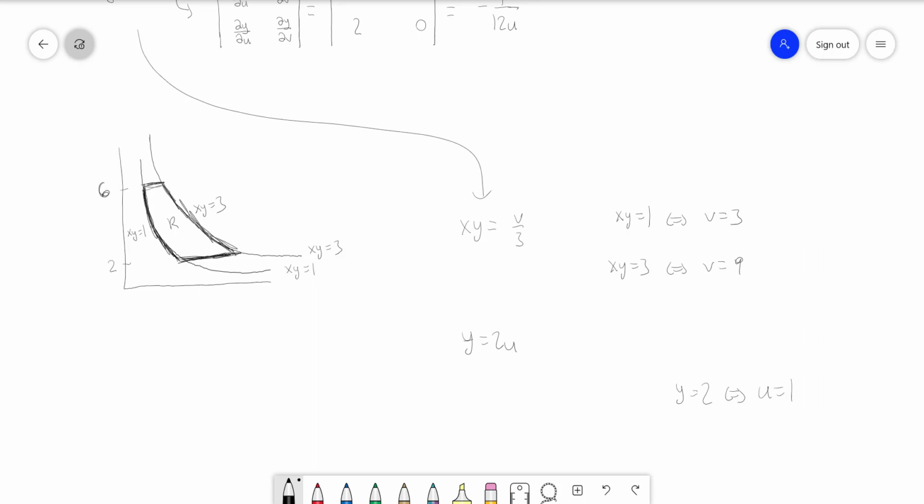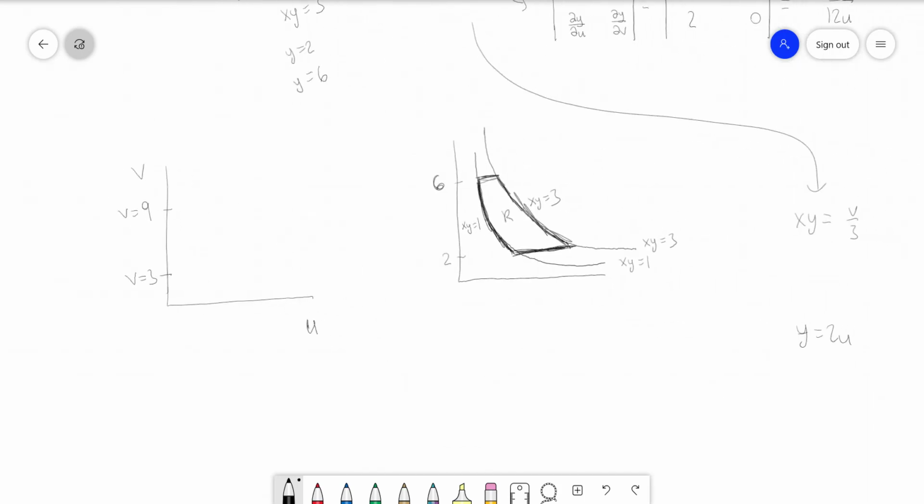And when y is equal to 6, that would be equivalent to saying that u is equal to 3. Okay, so 1 and 3. All right, so then it looks like our change of variables takes this rectangle on the UV plane and converts it into this region R in the XY plane.